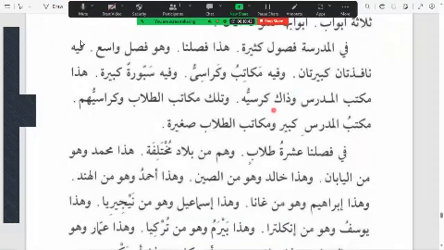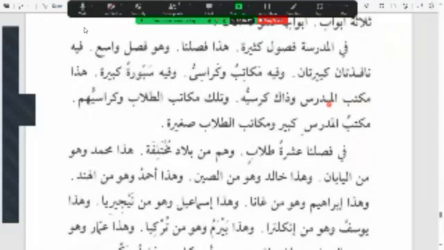And here we say هذا مكتب مدرس وذلك كرسيه. So this is the teacher's desk and that's his chair.